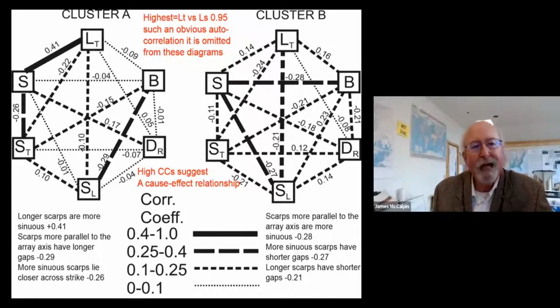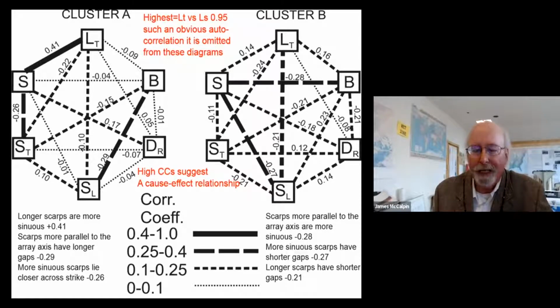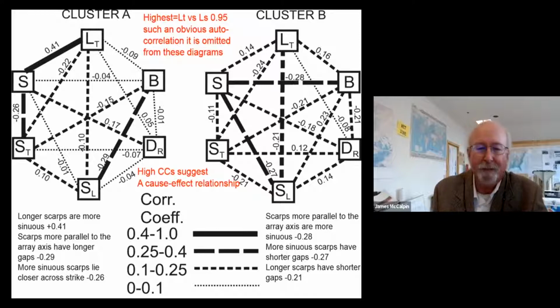But these are the kind of diagrams that clueless geomorphologists with a lot of data try to use to understand cause and effect relationships. They look for the things that are most strongly correlated and then try to figure out, this correlation won't tell you which one of these is the cause and which one is the effect, which one's the independent variable and which one's the dependent variable.